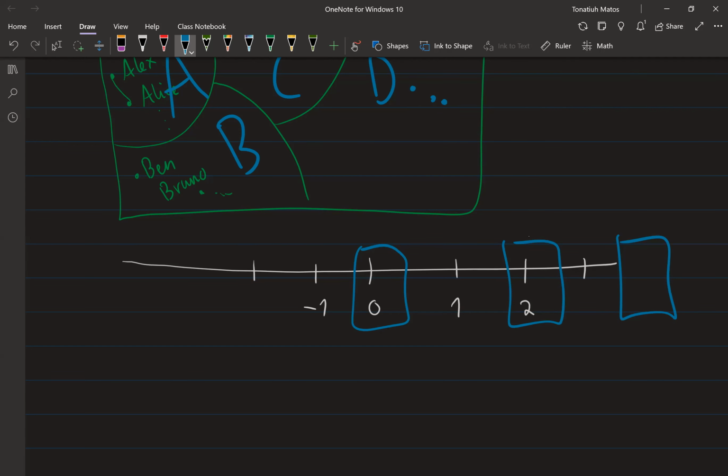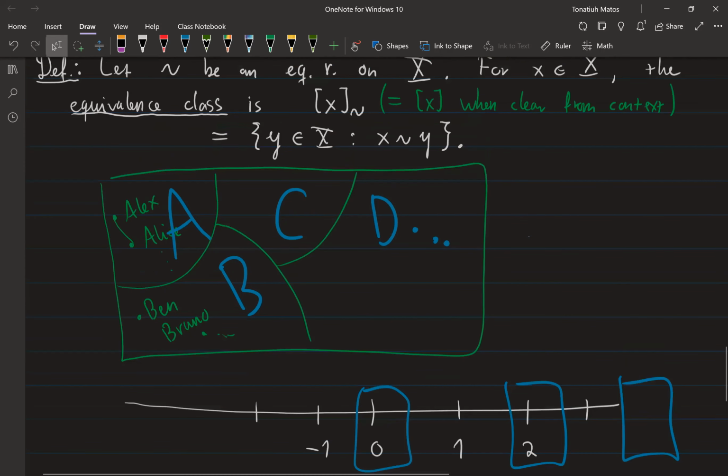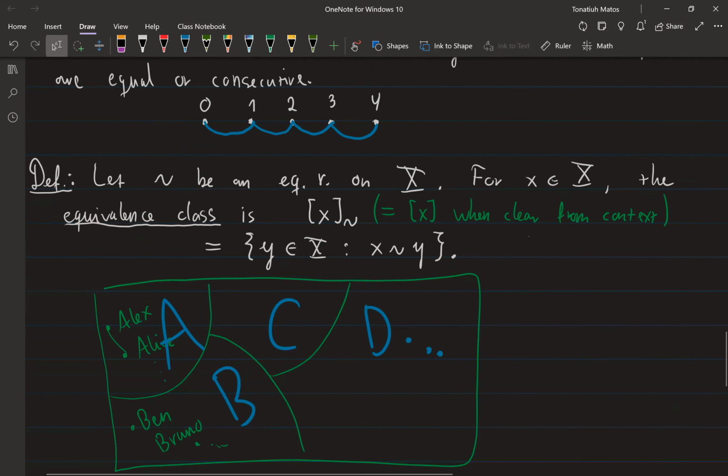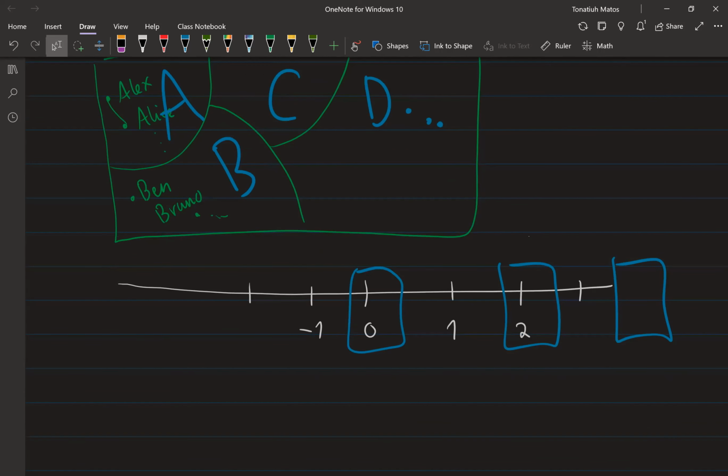So this class is definitely not connected, right? It is being separated by the other class. They still satisfy everything I want. They are disjoint, every number is contained in one of these classes, and so on. But this class is disconnected in that sense. What other property do I want? Oh yeah, and the symmetry is just so that the order doesn't matter.